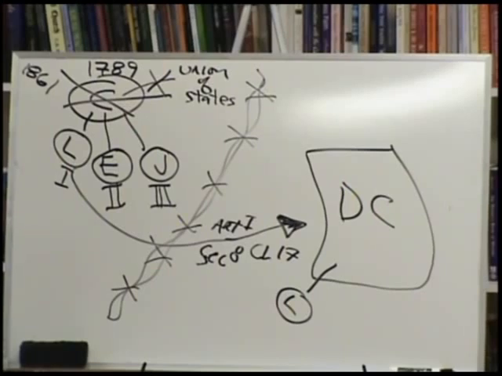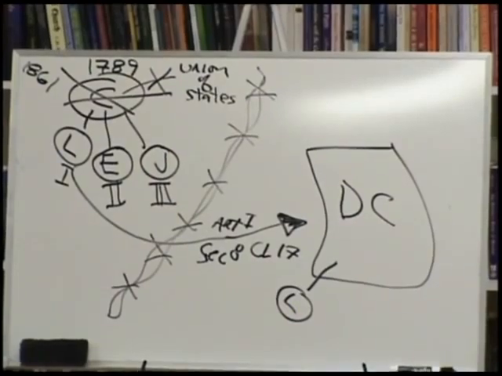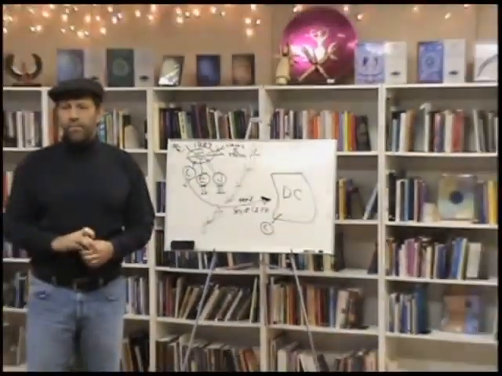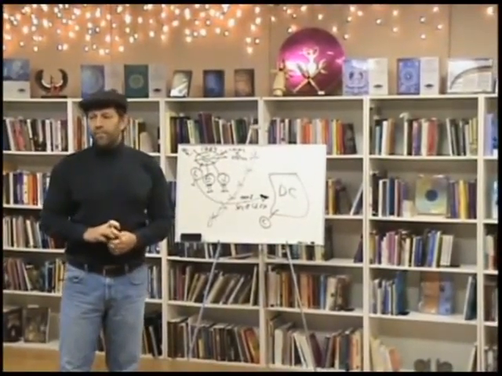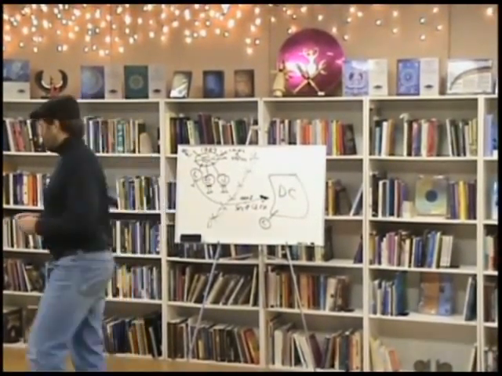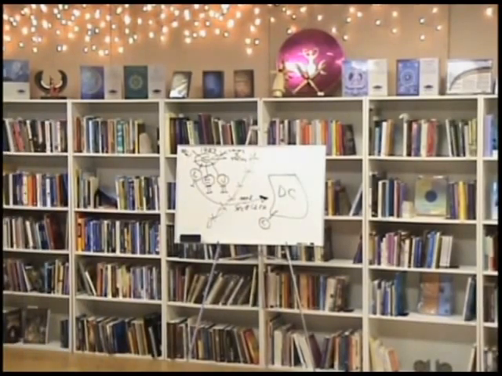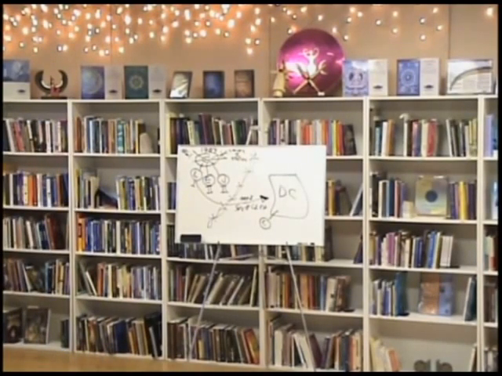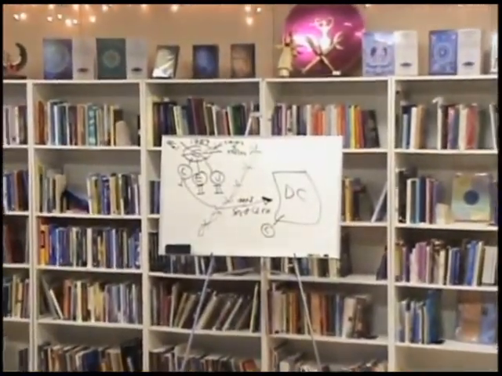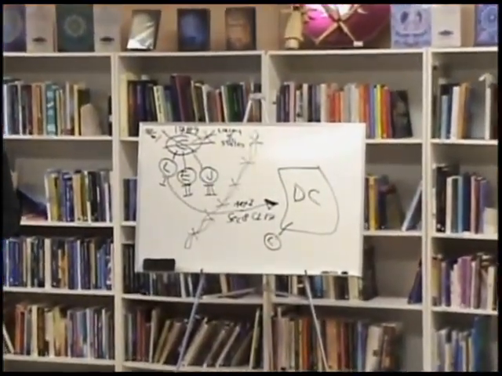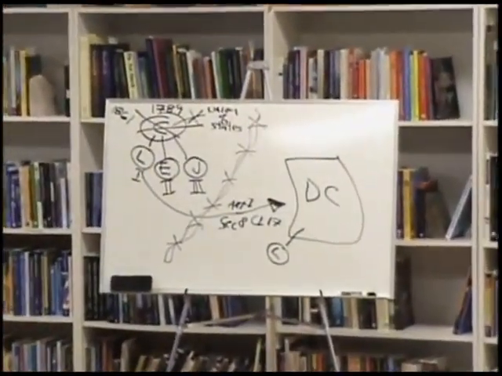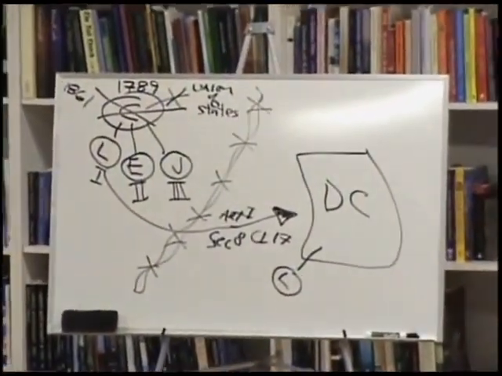You want me to read that, please? Yeah, read aloud. Because it's really scary, now that I see it. To exercise exclusive legislation in all cases whatsoever over such district, not exceeding 10 miles square, as may, by cession of particular states and the acceptance of Congress, become the seat of the government of the United States, and to exercise like authority over all places purchased by the consent of the legislature of the state in which the same shall be, for the erection of forts, magazines, arsenals, dockyards, and other needful buildings.